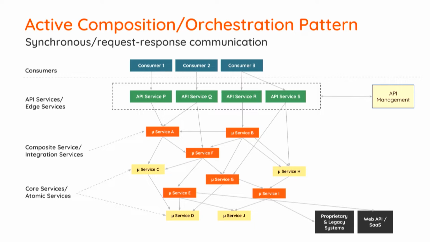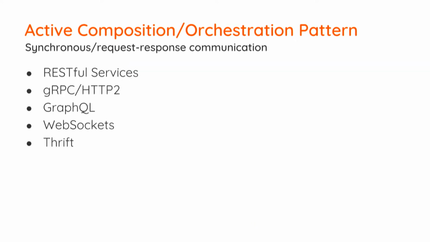And if we move into the possible implementation technologies, obviously RESTful services is the most commonly used technique. gRPC is getting very popular, especially when it comes to building internal compositions. Internal service-to-service communication is usually implemented using gRPC.